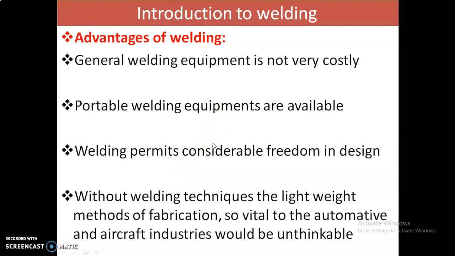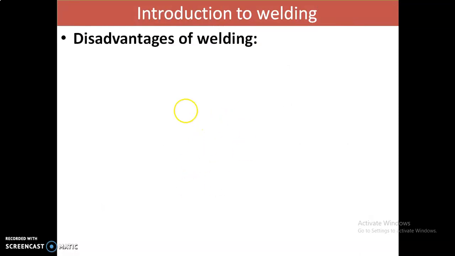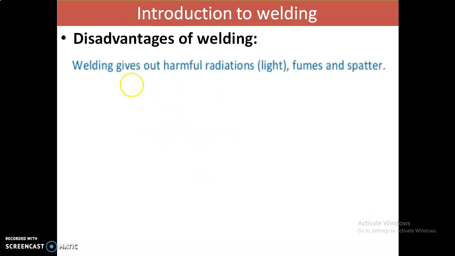Now let us see the disadvantages of the welding process. First, welding gives out harmful radiation. If we join two metals, it gives harmful radiation, fumes and spatters.